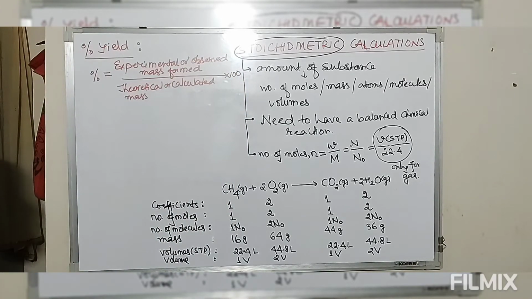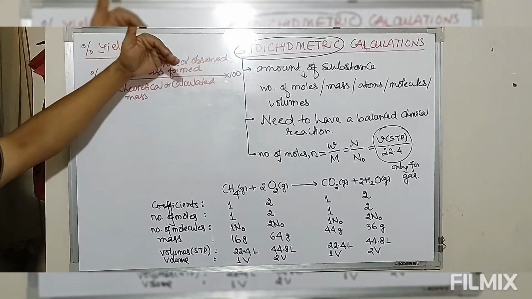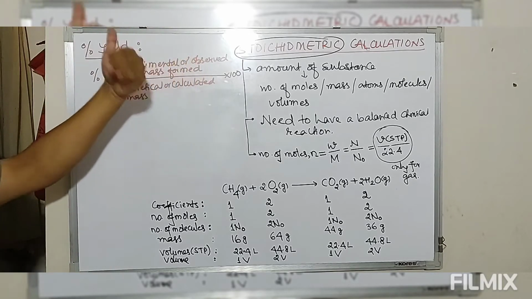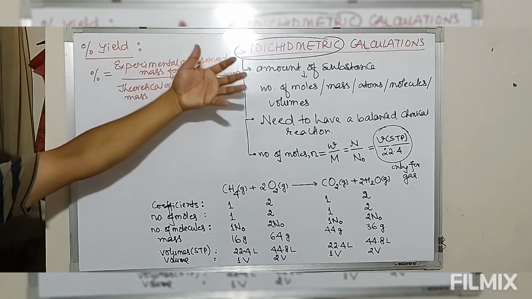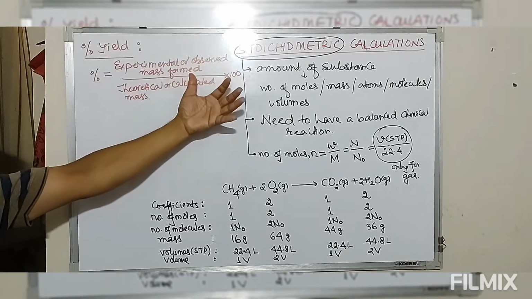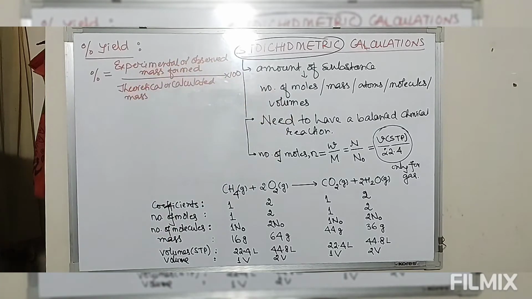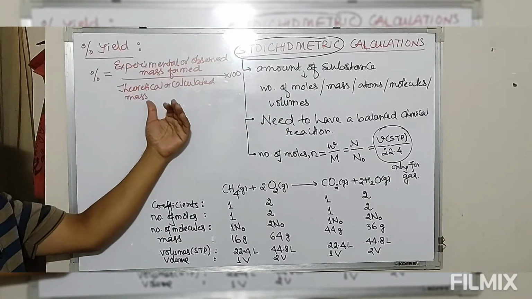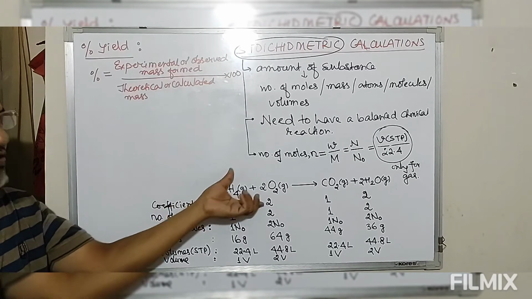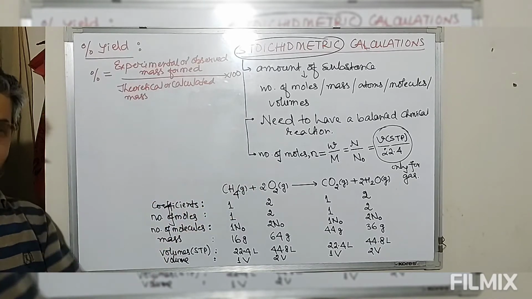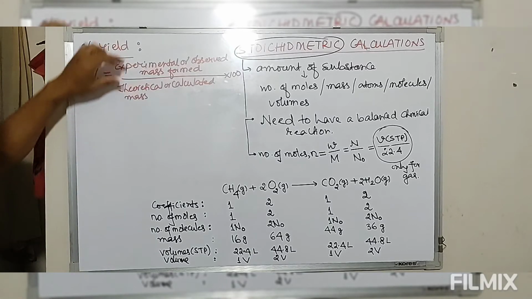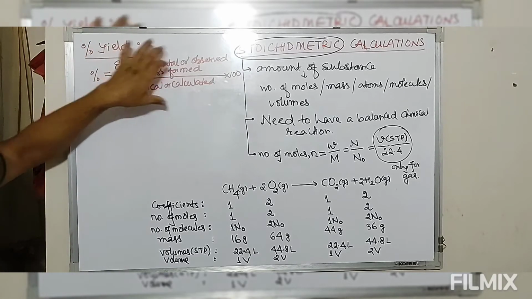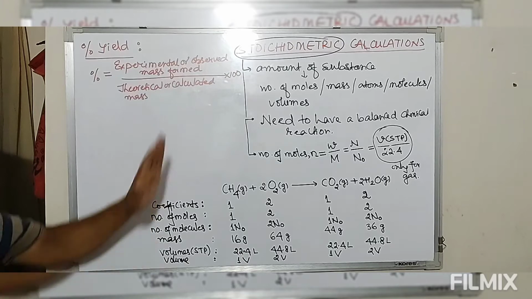So the experimental value is the actual value which is obtained after the chemical reaction. This is sometimes known as the observed value or the experimental value or the actual value. Then the one expected from theory is calculated based on this stoichiometry. That is always the maximum value that could be expected. So the theoretical value is always greater than the experimental value. We take this ratio and multiply by 100.